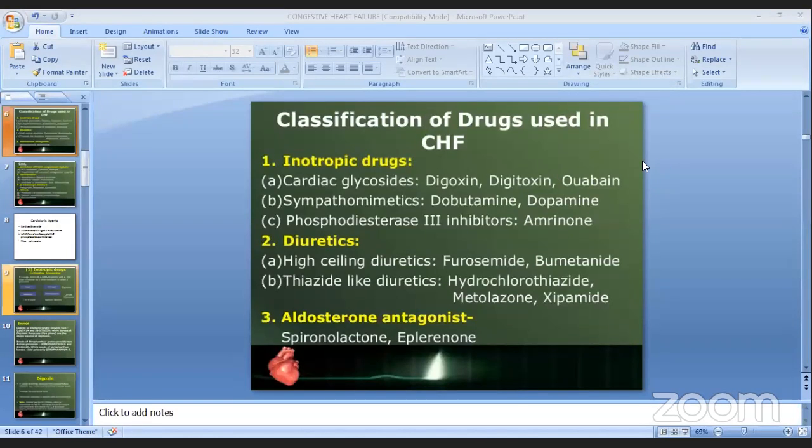Next we are using sympathomimetic drugs. The name of the drug is dobutamine. Dobutamine is a synthetic sympathomimetic drug which increases the force of contraction. And dopamine is also one of the catecholamines, which is secreted in the brain.